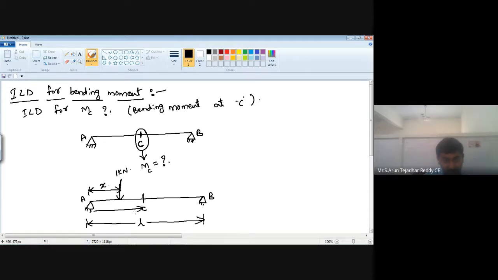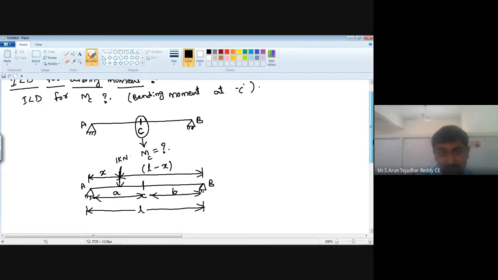From A to C is a, next C to B is b. From A up to the 1 kilonewton load, it is x distance. Now I need this distance. The total span is L. If you neglect x distance, then it is L minus x.